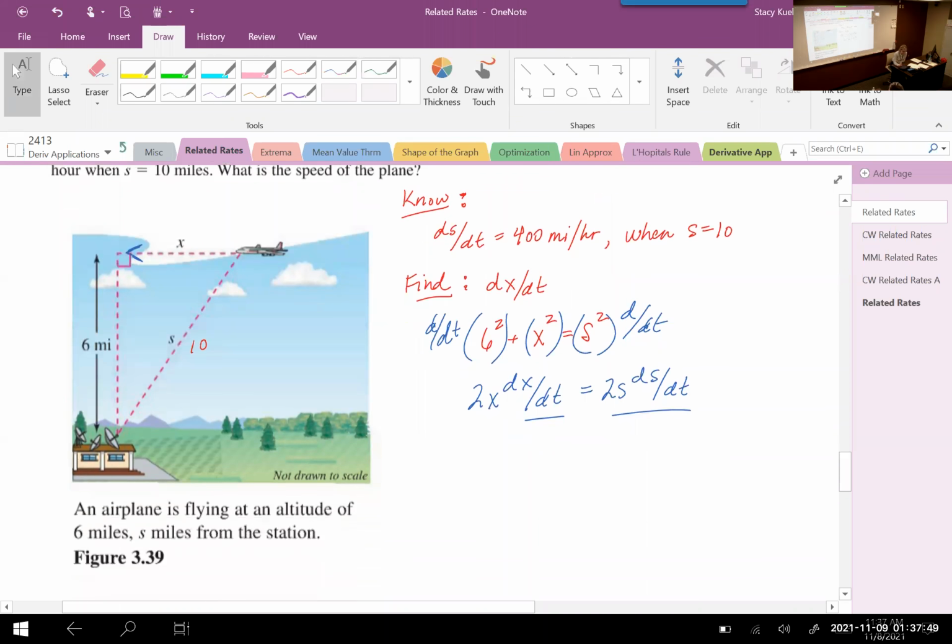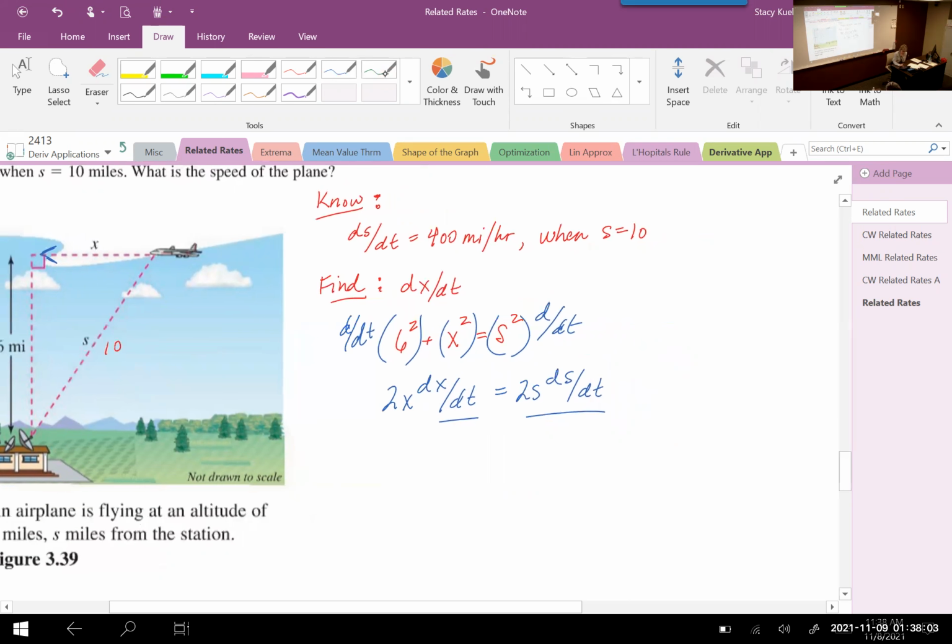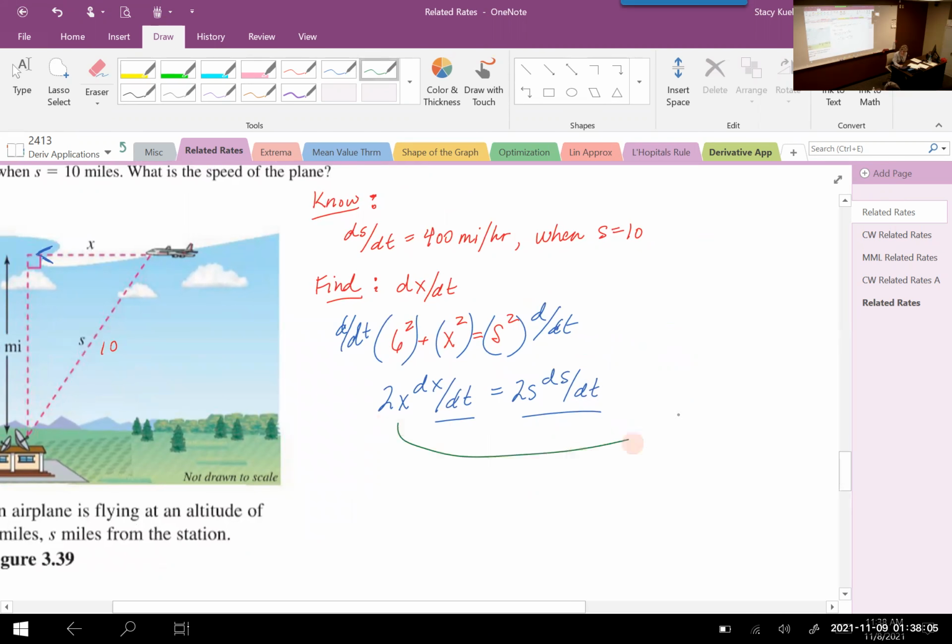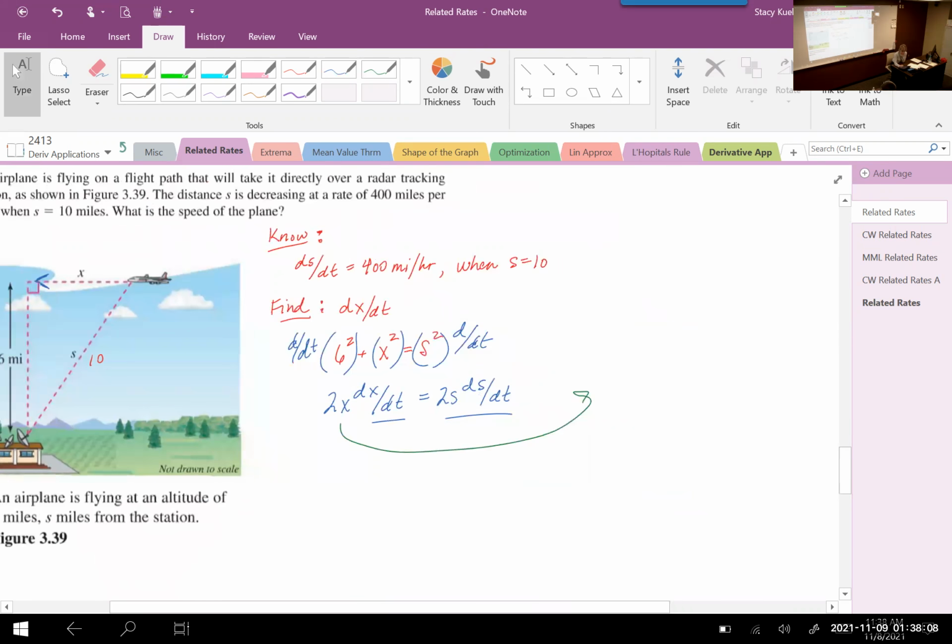Okay, well, what I can do is I can come back and say, what is x when s is 10? What is x when s is 10? I can do that by finding, hold on just a second. I know that this triangle would be 6 squared plus x squared is equal to 10 squared. When s is 10, the vertical height is still 6. I want to know what is x, right?